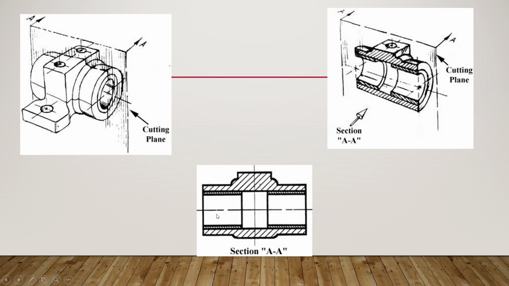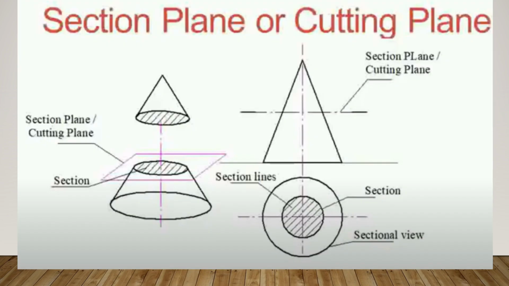By using this method we can show all the internal features of the component clearly. This is called sections of solids, that is cutting the component by using a section plane and drawing only the remaining half of the component for clearly showing the internal features of a component.